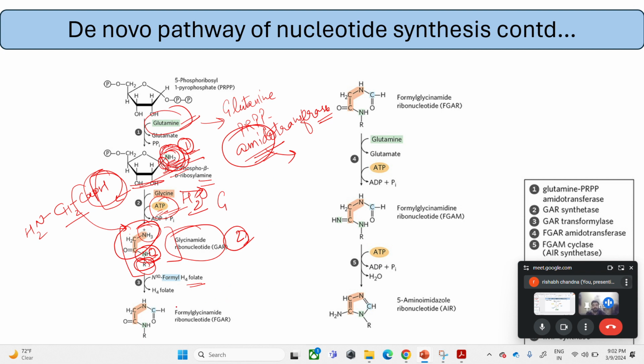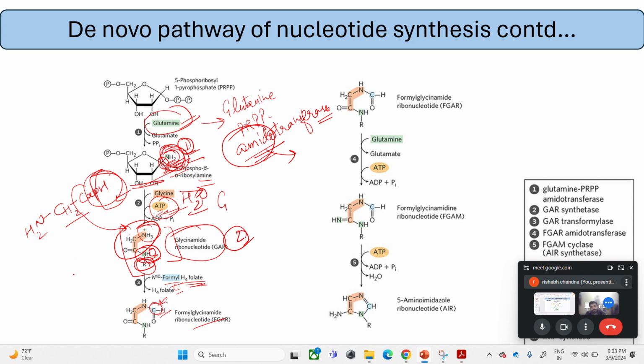Now the N10 formyl tetrahydrofolate attaches a carbon to the ring, forming formyl glycinamide ribonucleotide, or FGR. Here the carbon of this particular group is attached to the purine ring, because the formyl group is being transferred.